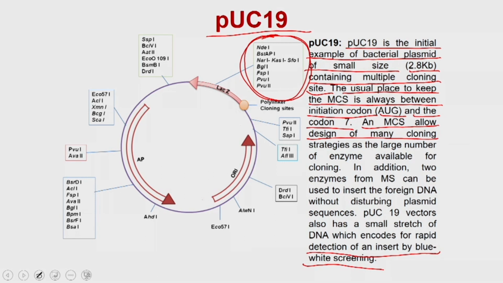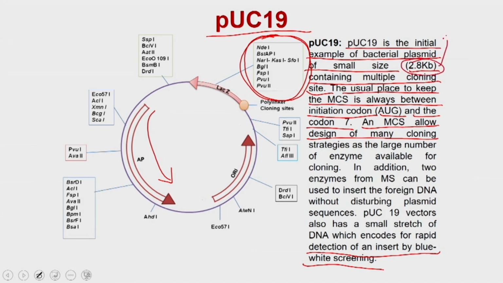Apart from blue white screening as a screening criterion, you also have the ampicillin resistance gene, which it got from pBR322, so it is much more advanced compared to pBR322, also because it is smaller in size.